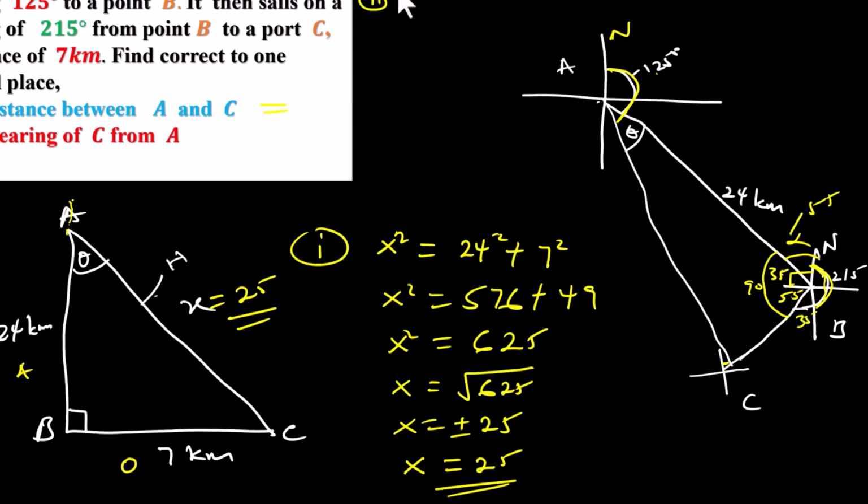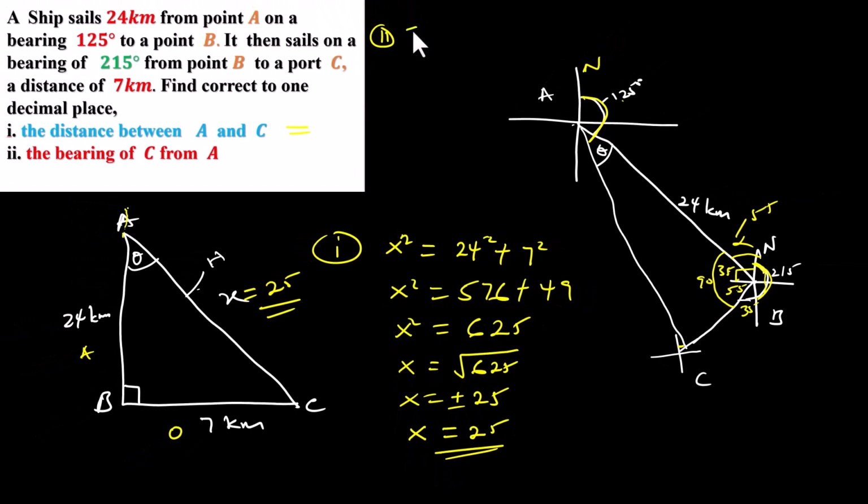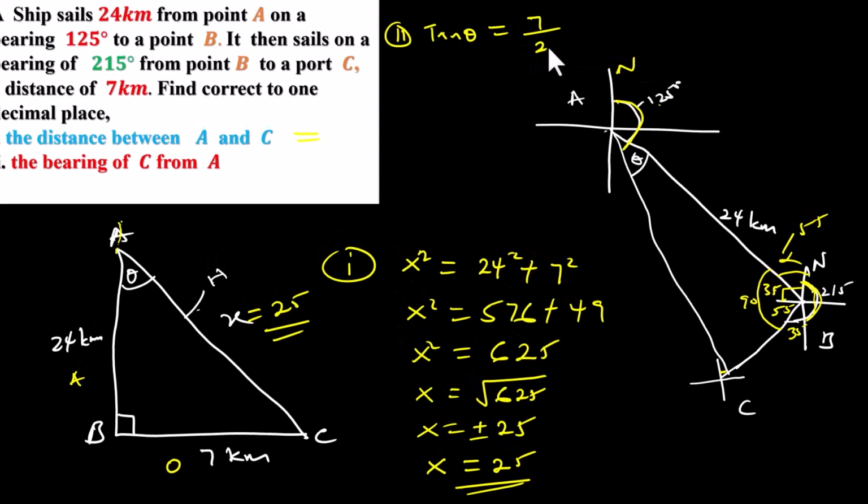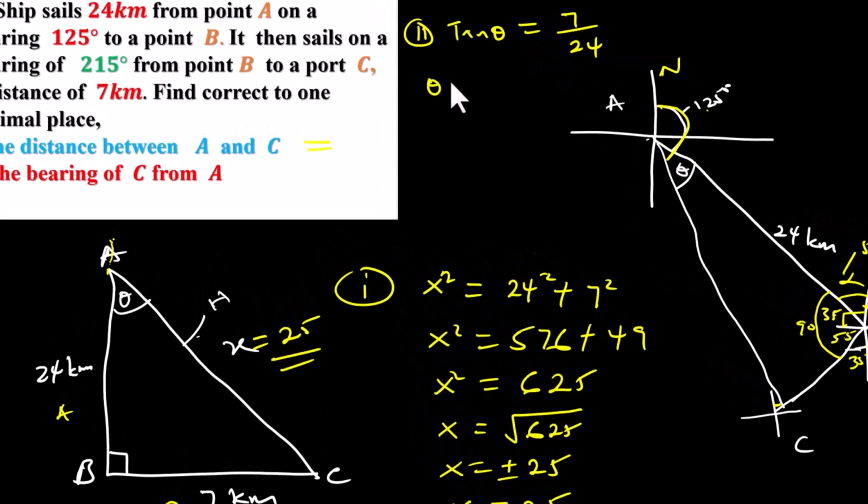So tan theta is O over A. So I have 7 on 24. So my theta will be tan inverse of 7 on 24. So tan inverse of 7 on 24 on the calculator, we have 16.26.